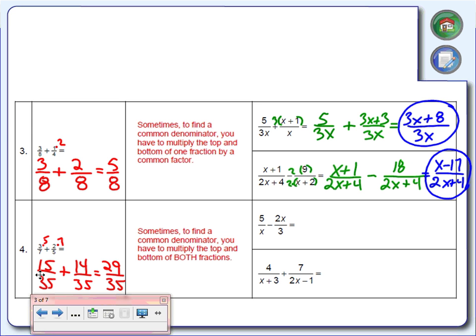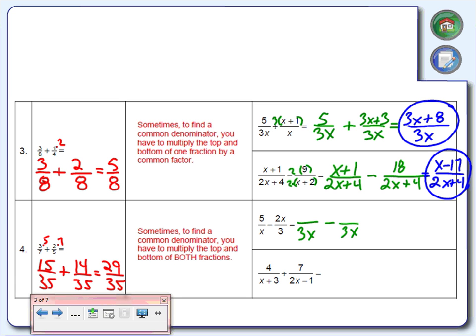So what we're going to do is the same thing with our rational expressions. We're going to have to find that common denominator first. Then we can go ahead and add or subtract. So if we look over here, we've got an x and a 3. Anybody think they know what a common denominator is going to be for this one? 3x. 3x is what we're going to use for our common denominator.